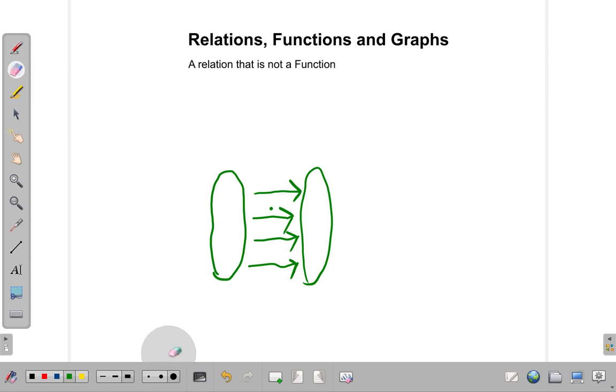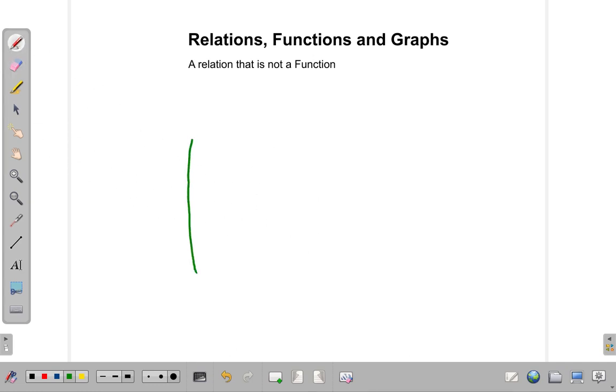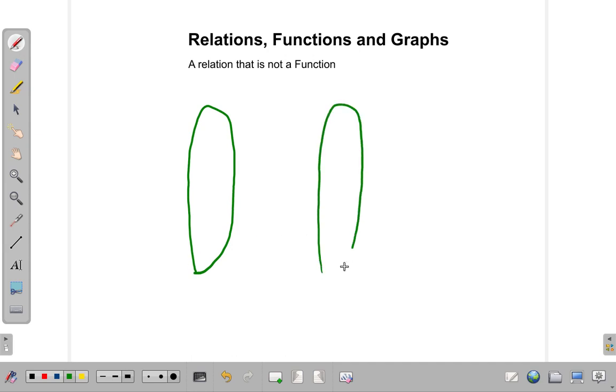We also looked at another case where we have the arrow diagram. We have both ovals, that's for the domain, that for the range. And we have one value mapped here. Then we have another value mapped.